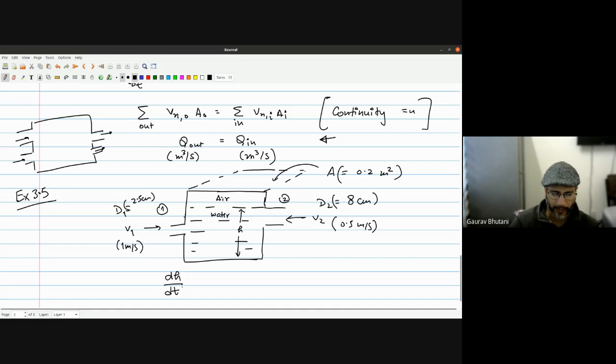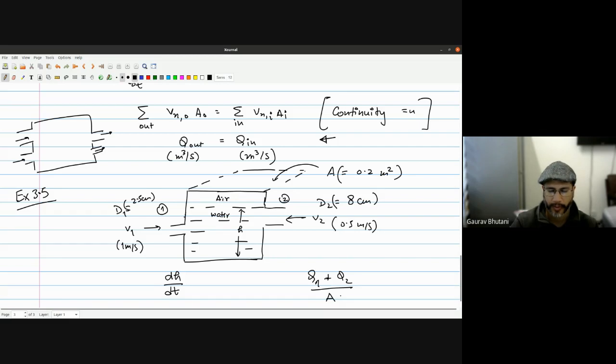We can find q1 plus q2, the net volume flow rate into the tank, and that will result in an increase in the volume of the water inside the tank. If you simply divide that by the area, that gives you the increase in the height with time.